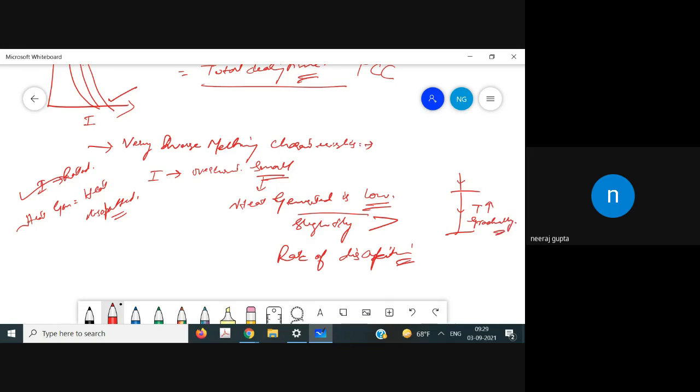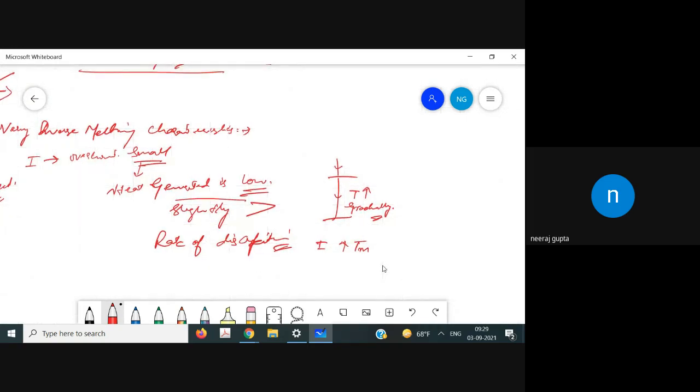As the current increases, the melting time, let us say Tm, reduces, at a rate which is more than the expected increased rate of heat generation due to I²R.